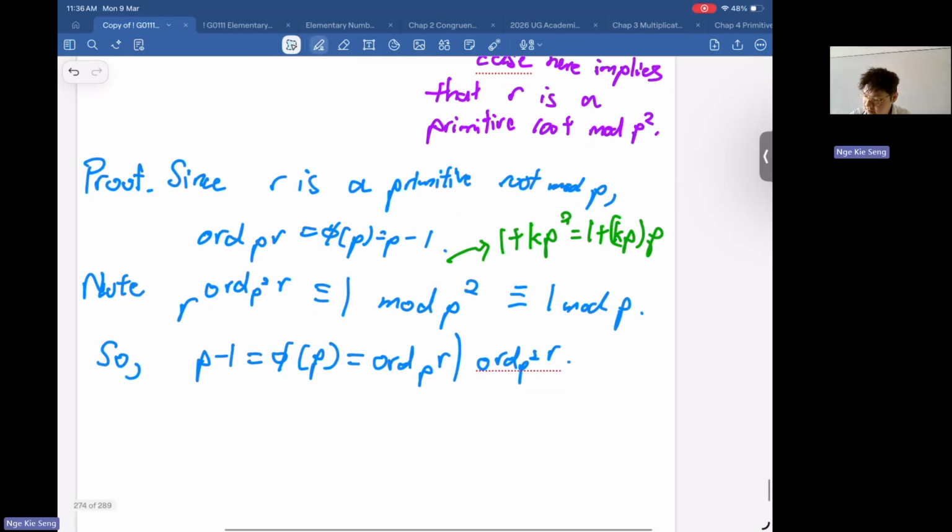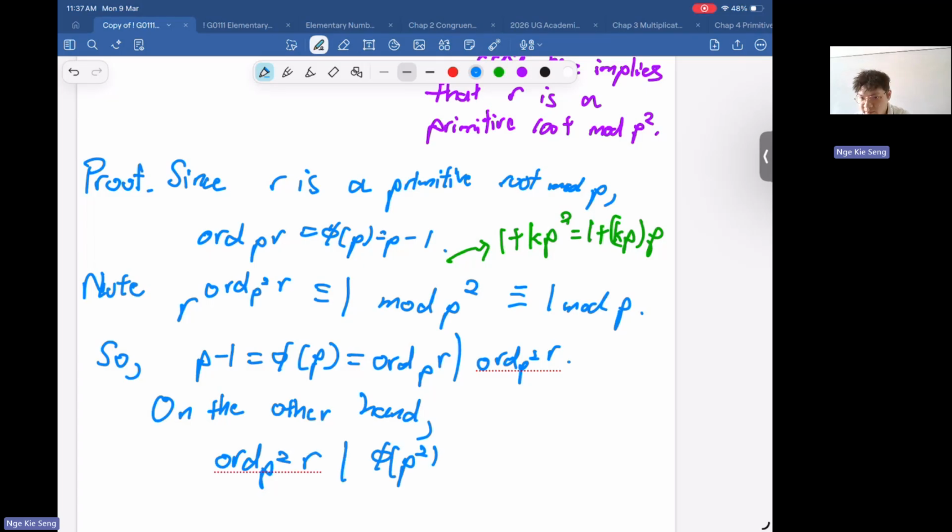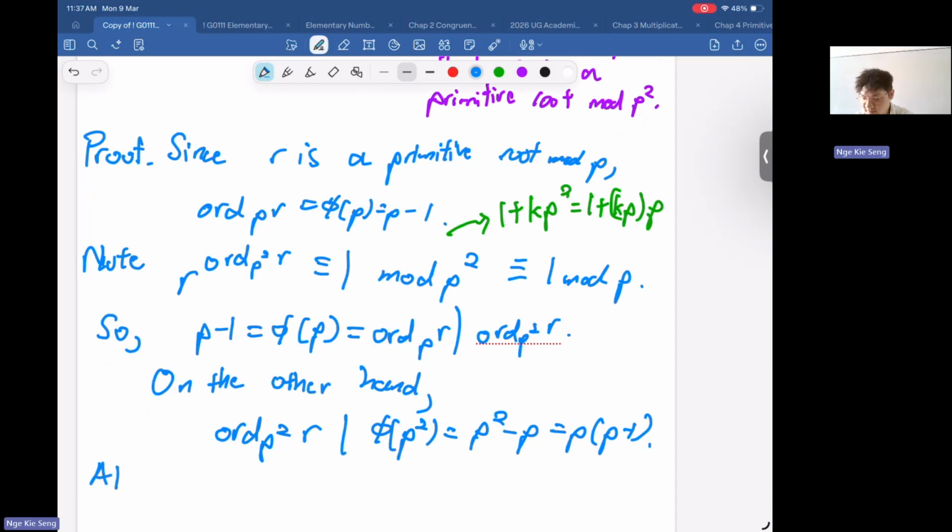But on the other hand, what do we know? We know that the order of r mod p square should also divide phi of p squared, which is p square minus p that you told me just now. This forms a very nice squeeze condition.